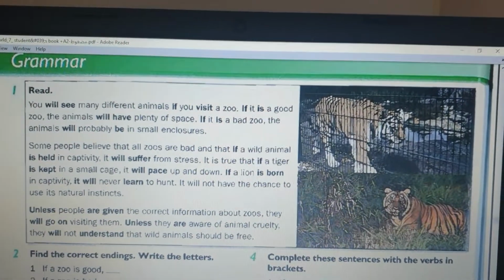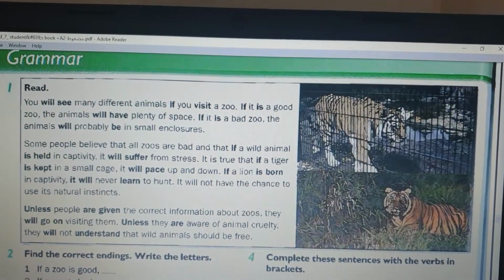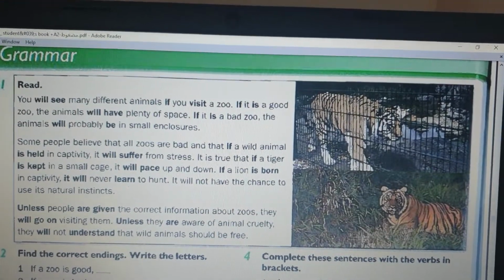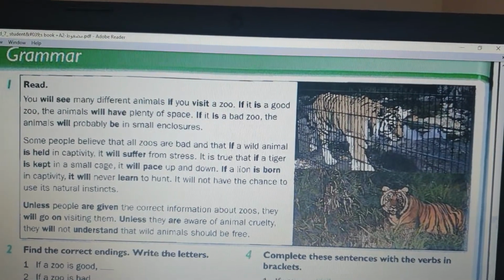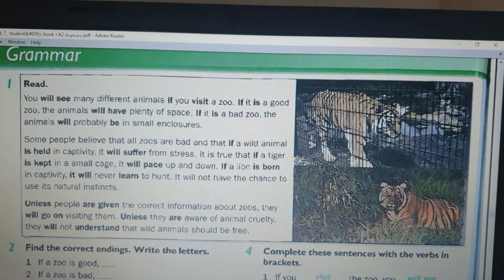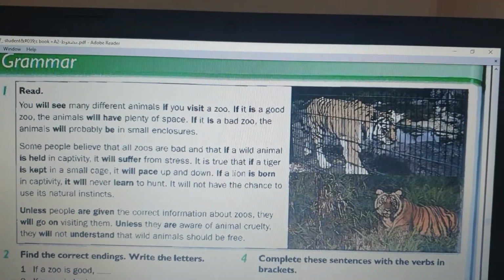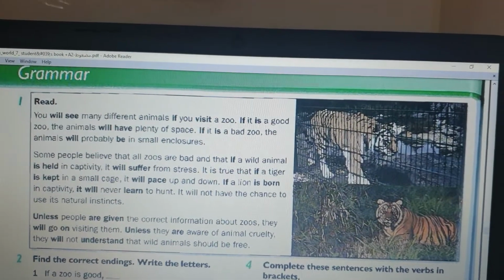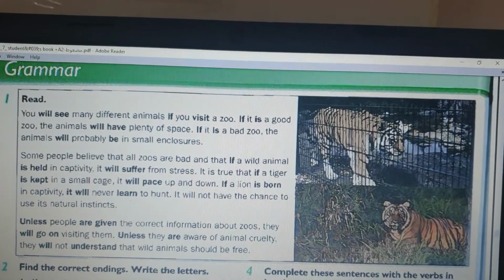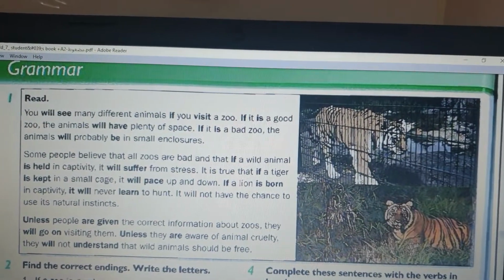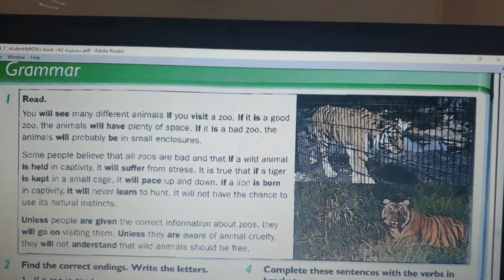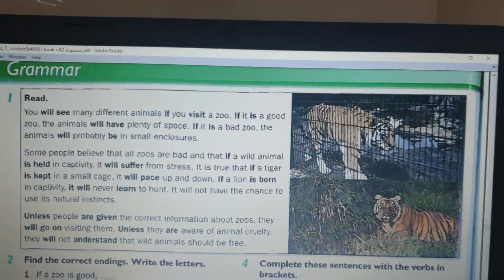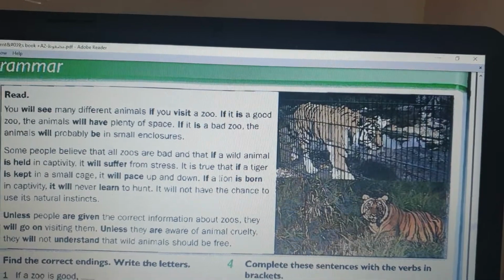You will see many different animals if you visit a zoo. It is a good zoo. The animals will have plenty. If it's a good zoo, the animals will have plenty of space. If it is a bad zoo, the animals will probably be in small enclosures. Some people believe that all zoos are bad and that if a wild animal is held in captivity, it will suffer from stress.